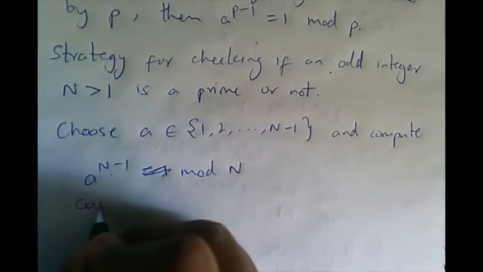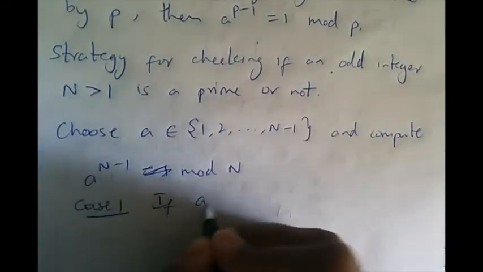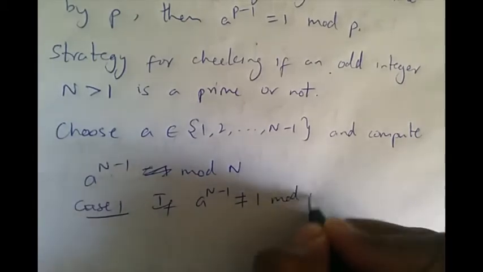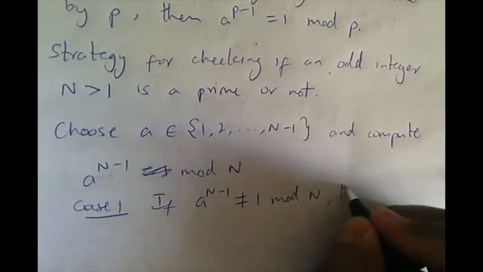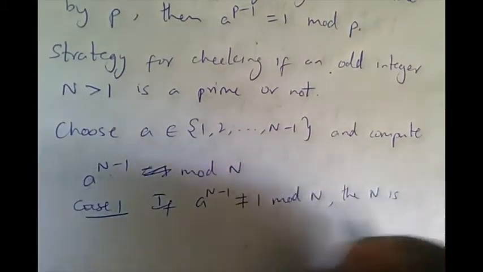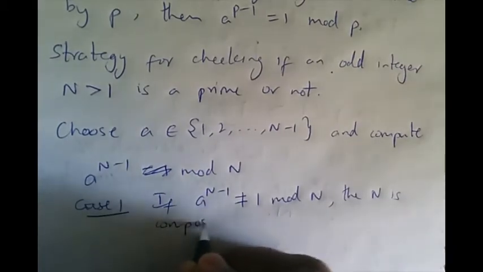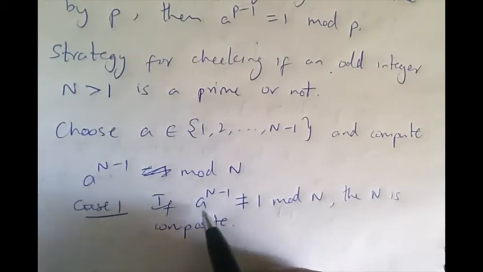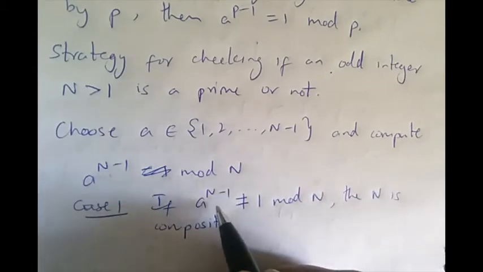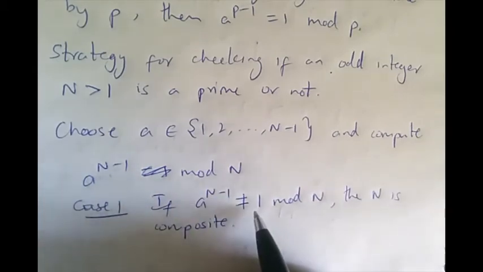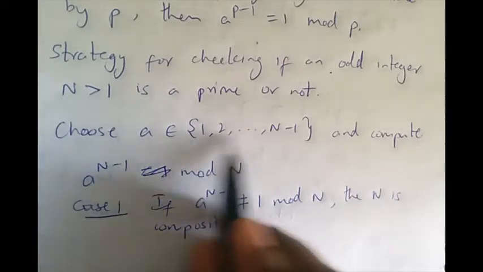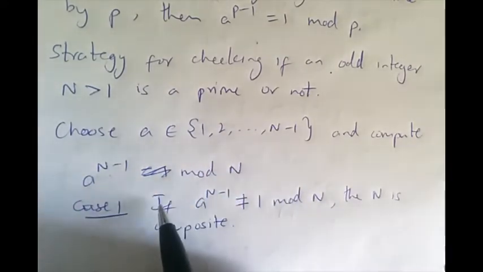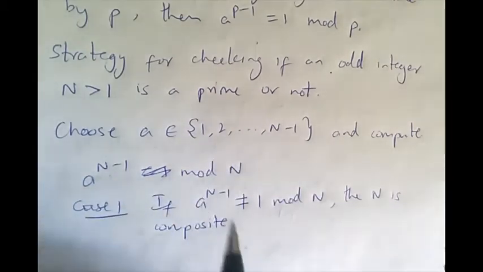Case 1. If the result of this computation is not 1, then n is composite, because it violates Fermat's little theorem. If n were a prime, then this would have to be equal to 1 mod n, because we are choosing A from this set, and n is not going to divide any of the elements in this set.